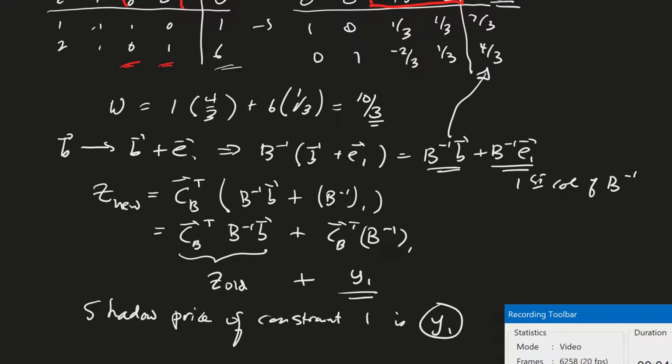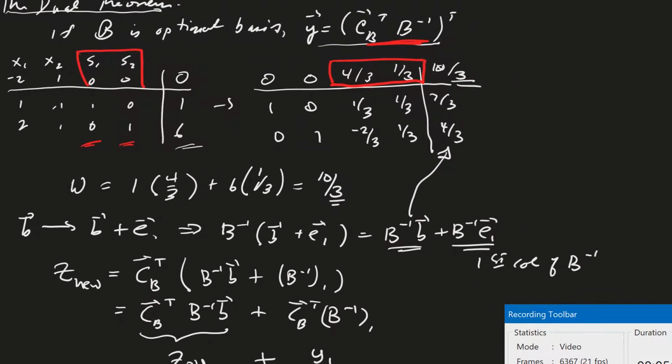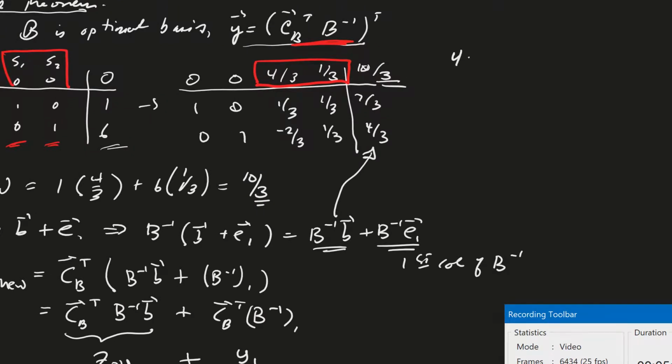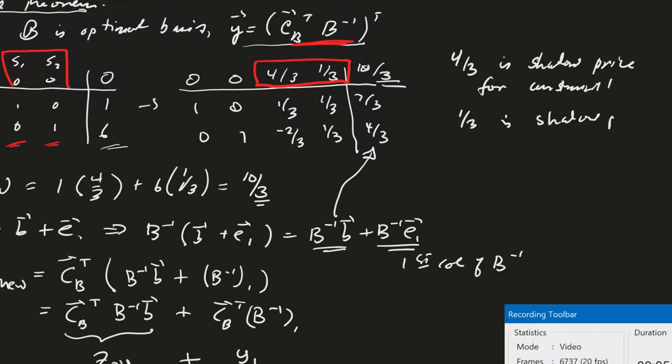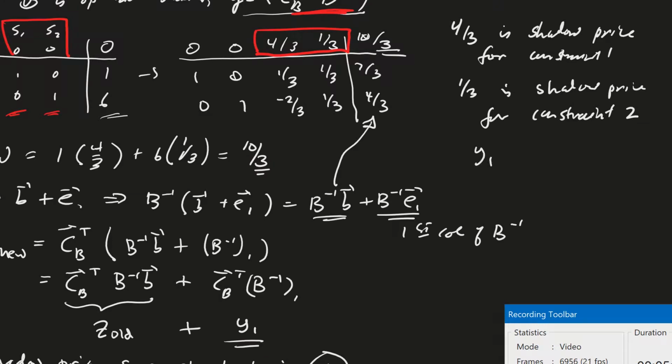So in this case, in our previous exercise here, we can see that 4/3 is the shadow price for constraint 1, and 1/3 is the shadow price for constraint 2. And just to really emphasize this, we know that y1, that's the first solution to the dual, is 4/3, y2 is 1/3. Good.